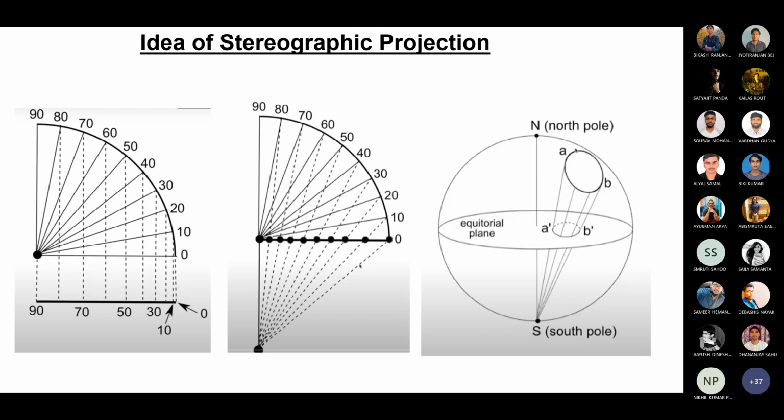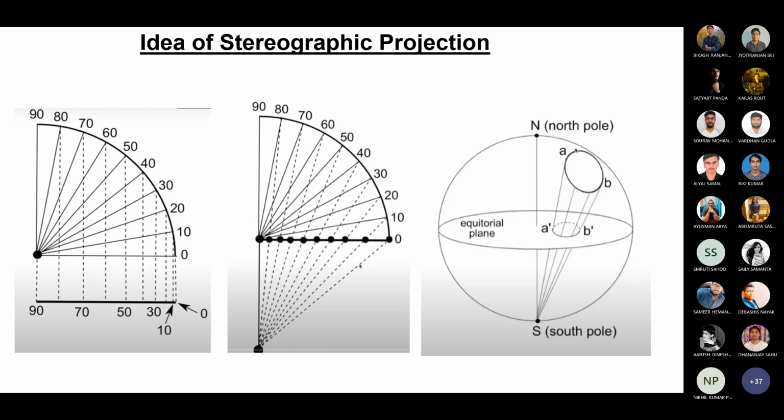If you want to construct a projection, representing a 3D material or 3D system on a 2D surface, how do we do that? We can do it in two ways. Directly, in the first figure on the left-hand side, you can just project onto a particular surface parallel to the equatorial plane.